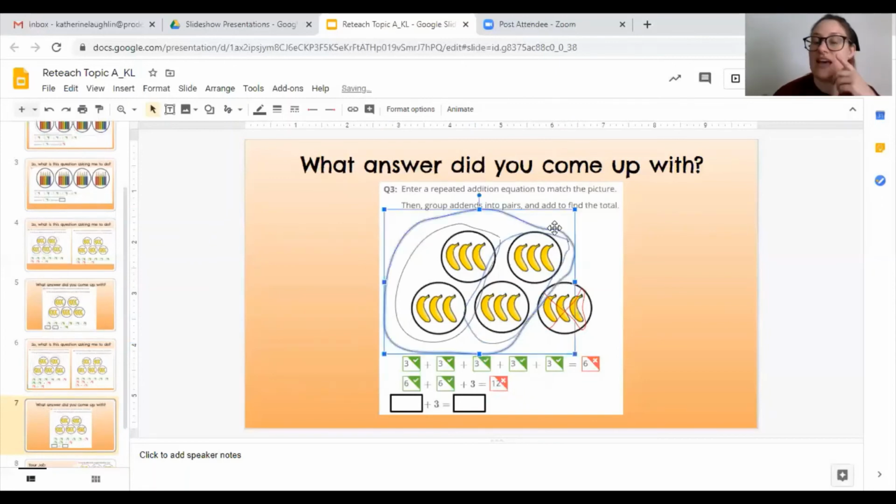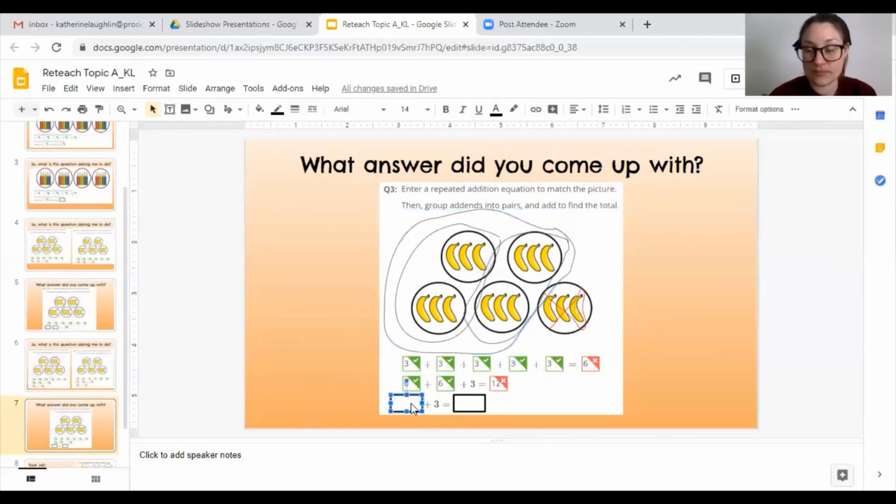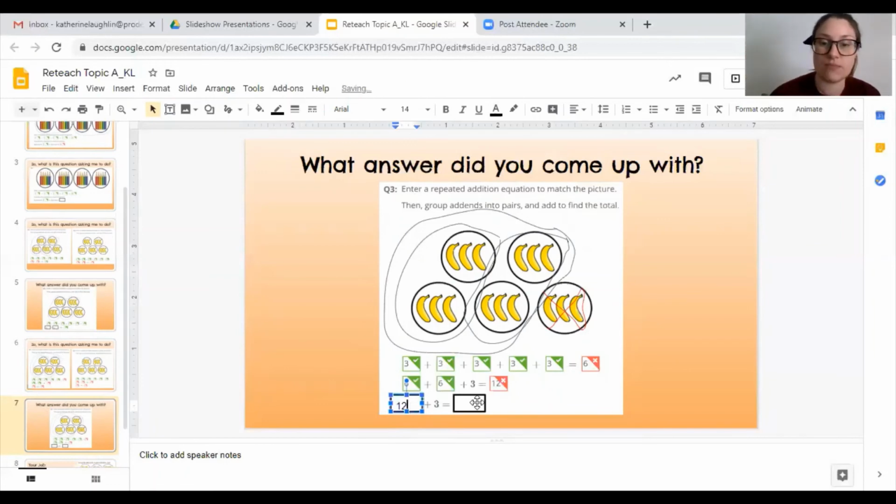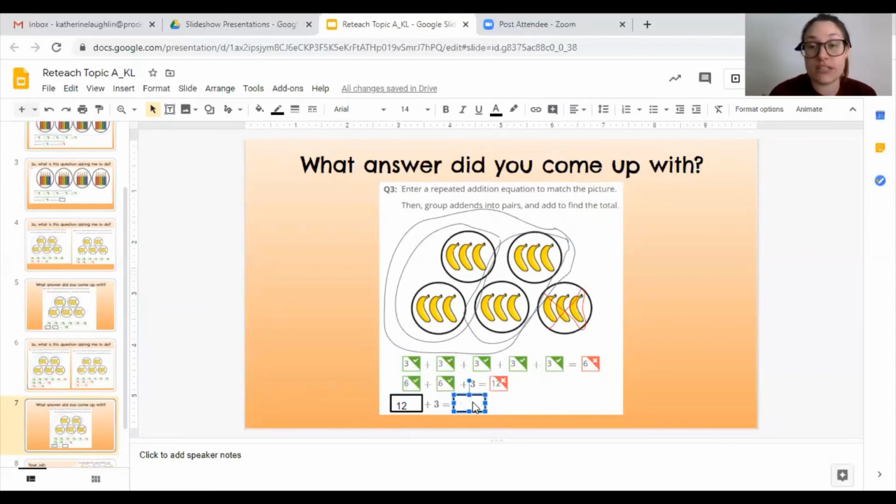And what did that make? Think about it. Get your answer in your brain. 6 and 6 makes, you got it. You know your doubles. 6 and 6 makes 12. So what is 12 plus 3?